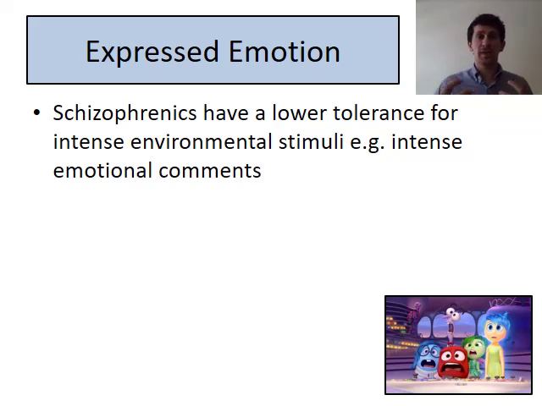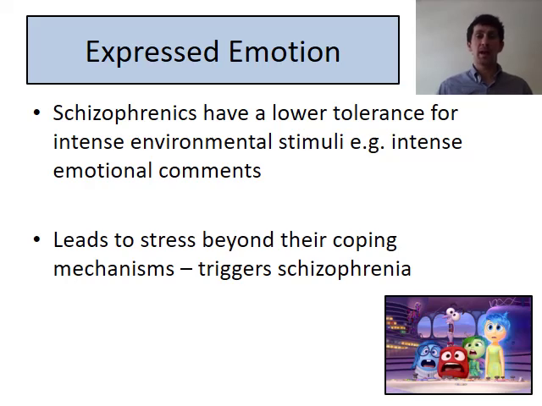They can't handle the intense environment that high EE families bring with them: all the emotional comments, the criticism, the hostile environment. What it does is lead to high levels of stress in the schizophrenic individual, and their coping mechanisms can't cope with this high level of stress. So what it results in and triggers is schizophrenia.